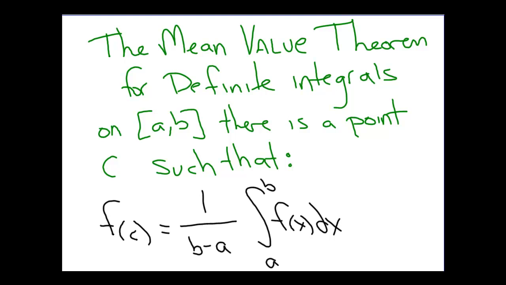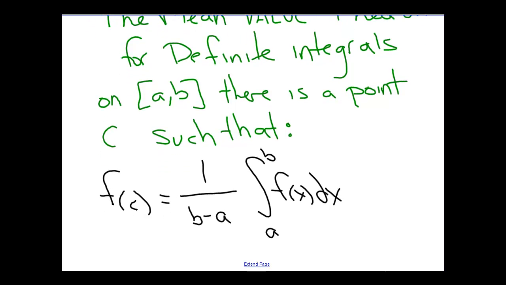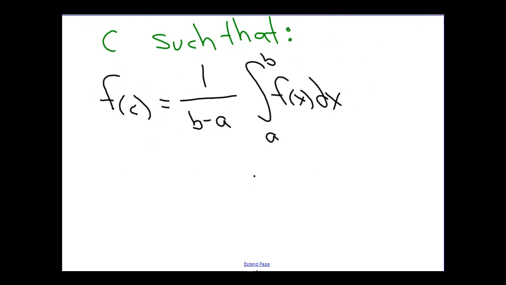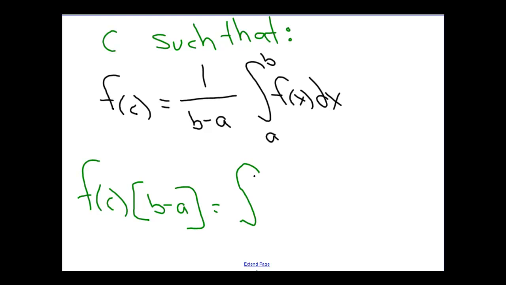And the best way to think about this is that this is simply saying that there exists a rectangle that we could choose, a rectangle on that interval that has the correct area, right? And maybe a better way to think about that is to rewrite this as f of c times b minus a has to equal the integral from a to b of f of x dx.